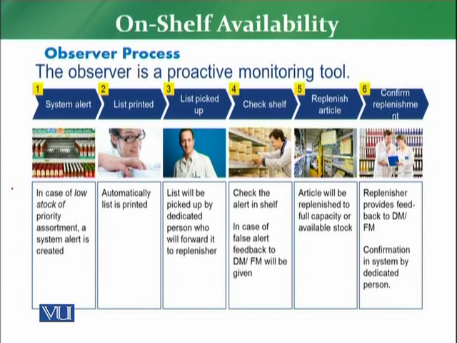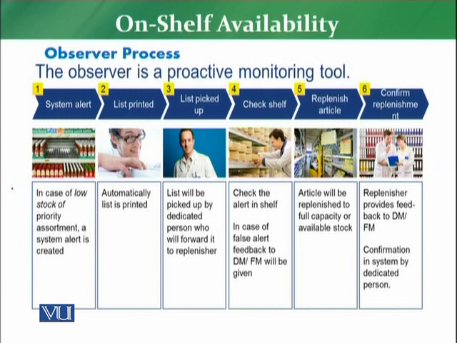Then, as I was discussing, in order to replenish, you have an observer process, which is a proactive monitoring tool. This observer will help you to identify how and at what time you have to replenish a particular article or product or SKU. It will help you know how much time it would take to reorder, and how quickly you have to go for receiving that product and making it available on the shelf.